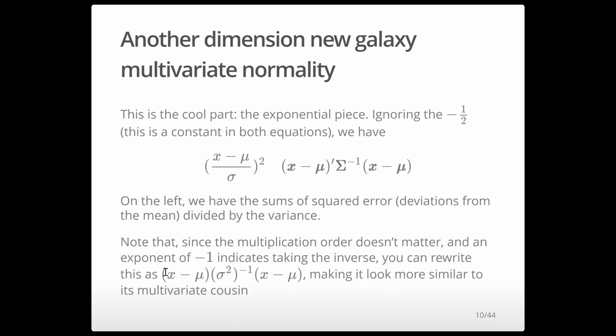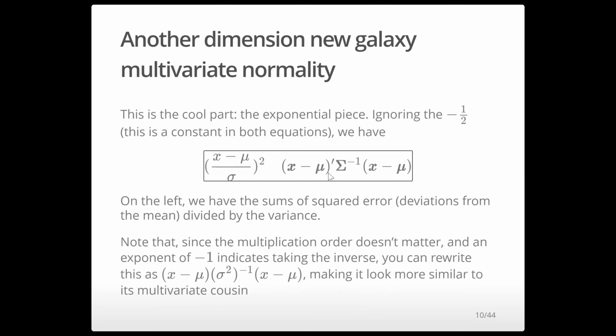We can write it as x minus mu times sigma squared raised to the -1, because raising something to the -1 is an inverse. So this would be the same thing as writing 1 over sigma squared, and then times x minus mu again. So here we have x minus mu squared, essentially, just here and here. And then we are multiplying it by 1 over sigma squared.